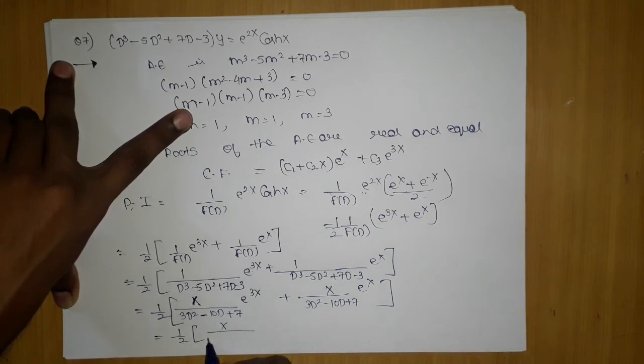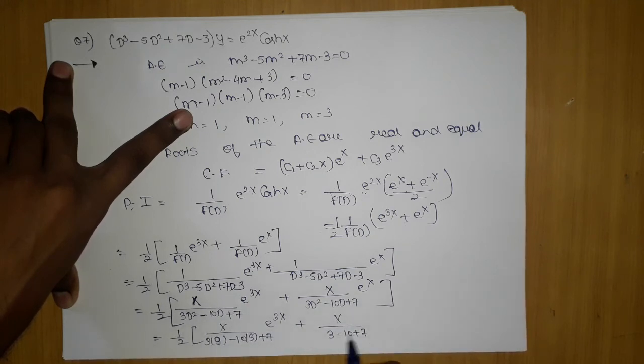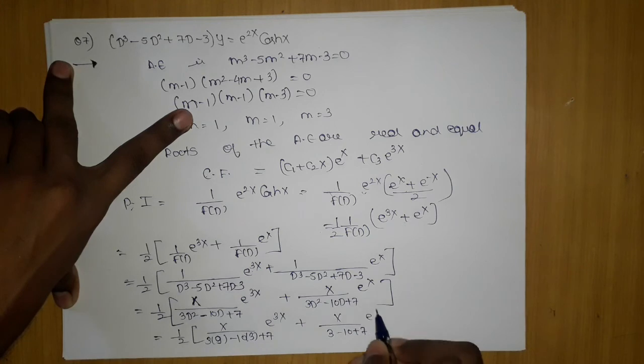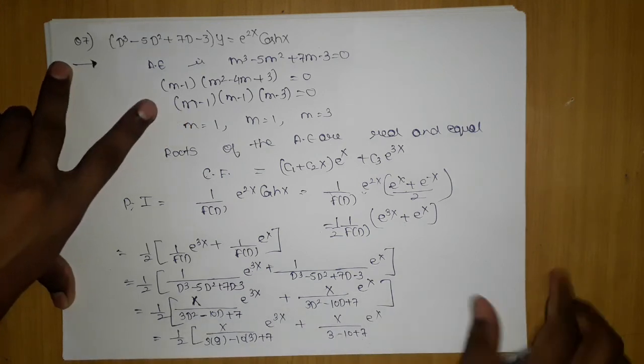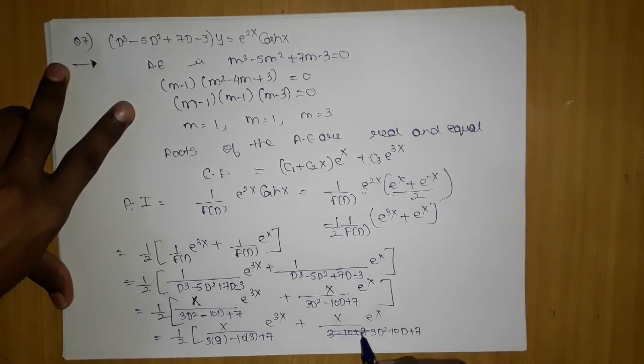Now let's put the values and see what we get. Here it will be 3 into 9 minus 10 into 3 plus 7, e to the power 3x, plus here x upon 3 minus 10 plus 7, which again comes out to be 0. So we are going to differentiate again, writing 3D square minus 10D plus 7.